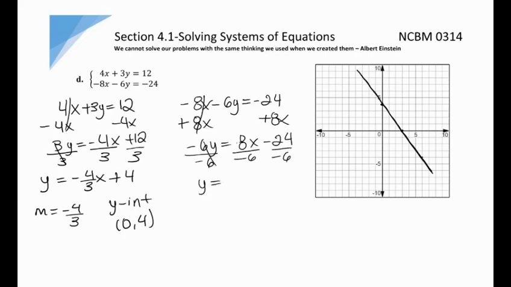So y equals a positive divided by a negative is a negative. 8 over 6, we can simplify it to 4 over 3x. Negative divided by a negative gives me a positive, and 24 divided by 6 is 4. So my slope here is negative 4 over 3. And my y-intercept is 0, 4.